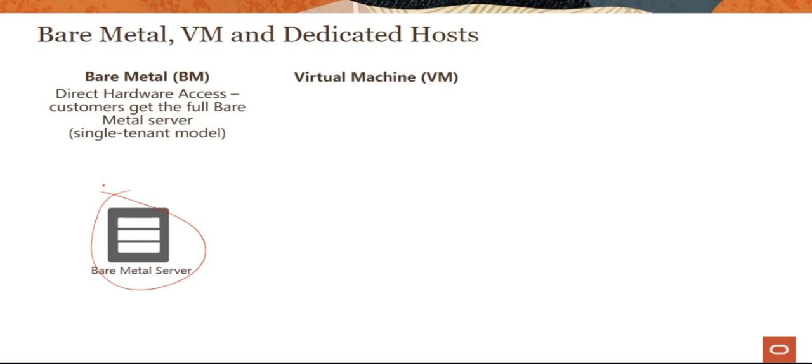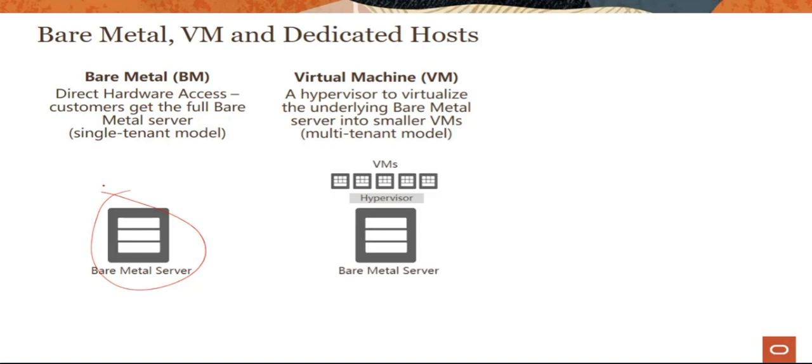Now, the second flavor is what customers are pretty used to in the cloud model, this shared multi-tenant model where you get virtual machines. You have a hypervisor where you can run virtual machines with much smaller shapes, much smaller CPU, memory, etc. As you can see here, in the case of Oracle Cloud Infrastructure, we have the bare metal offerings, and then we put a hypervisor on top of that and divide the bare metal machine into VMs.